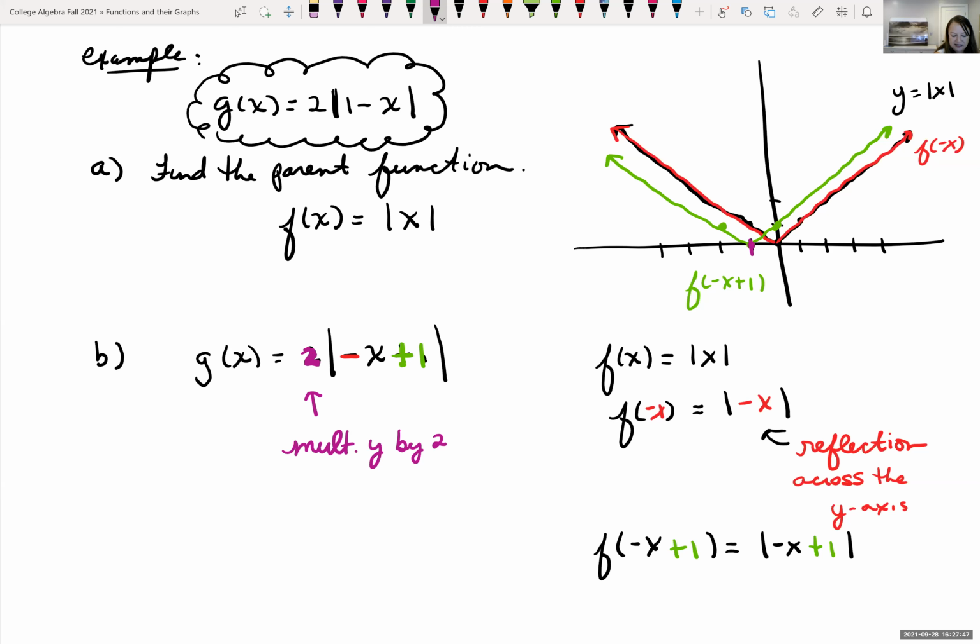Where in this case, when I was at the point now at 0, 1, and I multiply my y value by 2, I now get 0, 2. This point here, if I multiply my y value, which was 1, by 2, I get the point -2, 2.